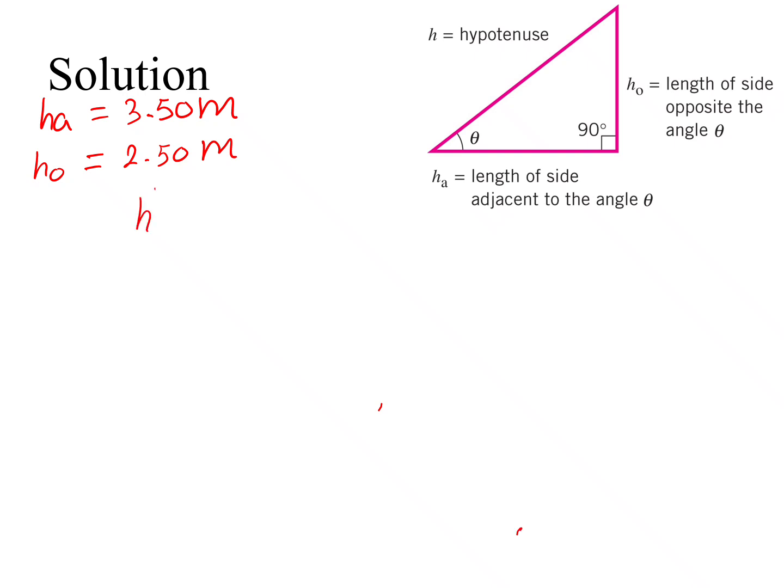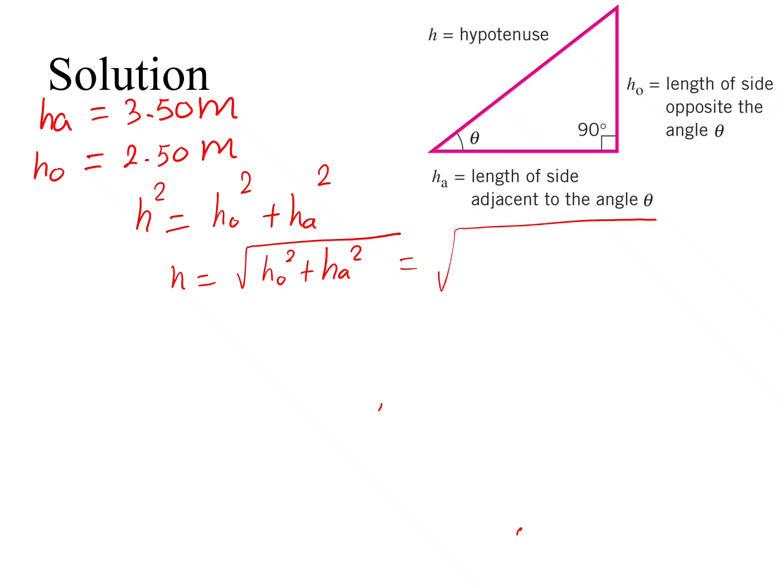So h squared equals HO squared plus HA squared, and then h equals the square root of HO squared plus HA squared, and then we will substitute for this.